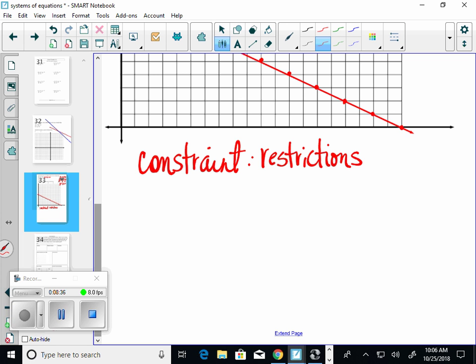There will be constraints on those things based on weather, based on employees, based on all sorts of different things. Those are your constraints. Once you have your constraints, your restrictions, then you're going to be looking for a feasible region. So I've got the first inequality graphed, and I know that's going to be some form of constraint.